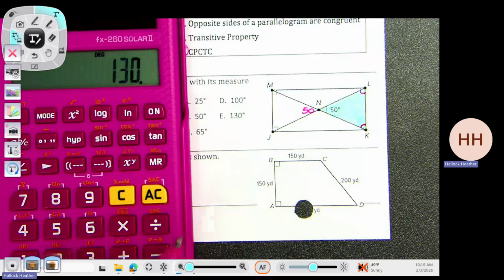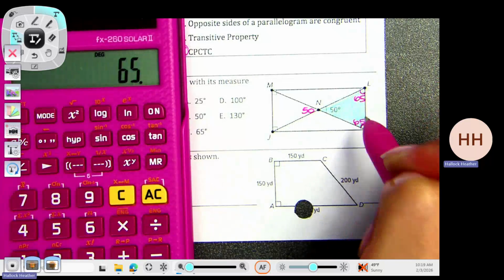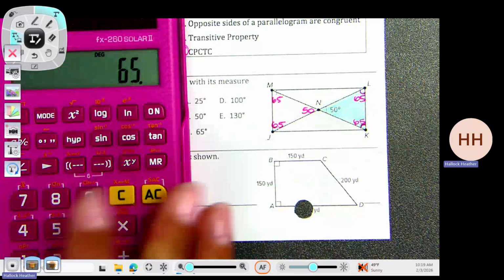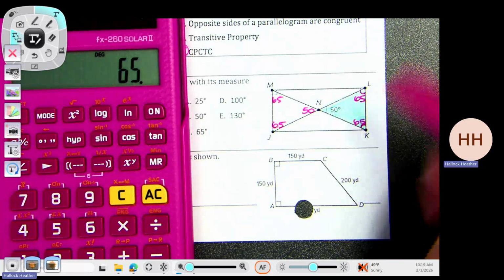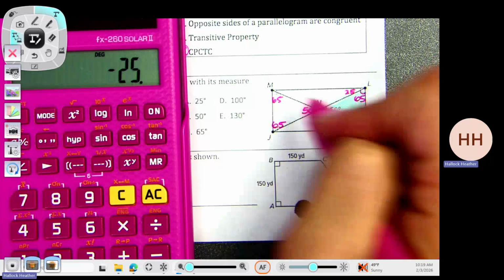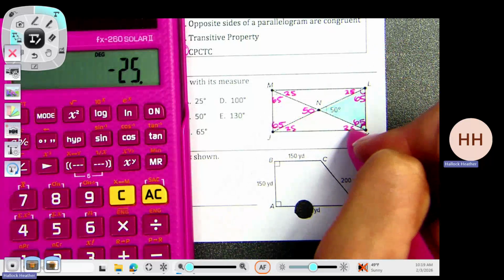So I divide by 2, I get 65. It is symmetric, so 65 can also go here, and 65 can also go here. Each corner in total of a rectangle makes 90. So if I take 90 and I minus 65, I get 25. 25 can go here. 25 can go here. 25 can go here. 25 can go here.